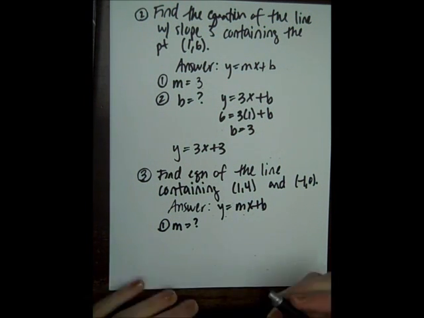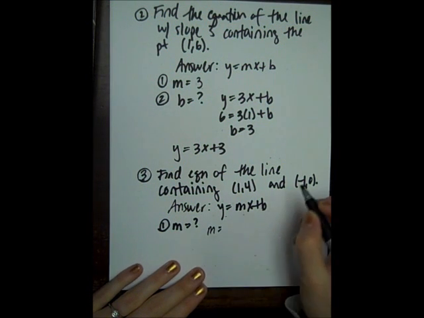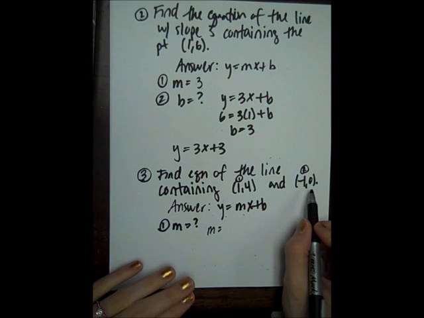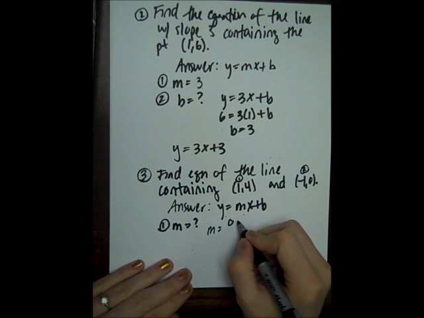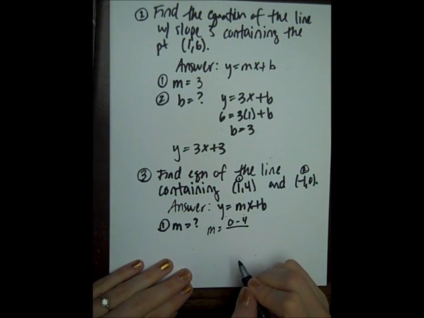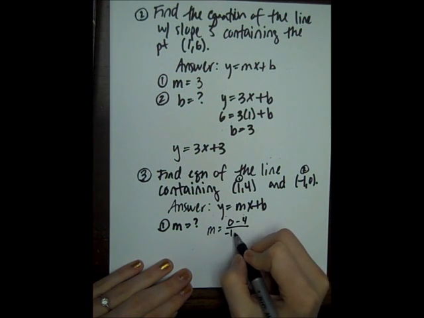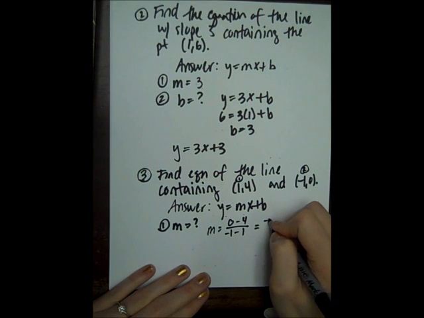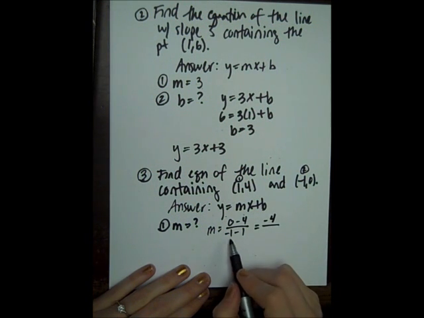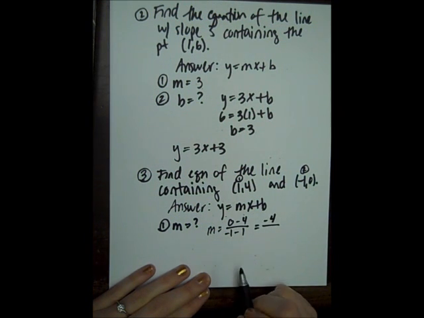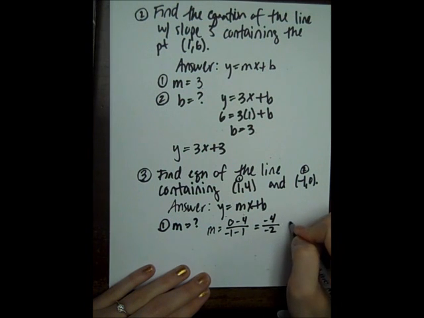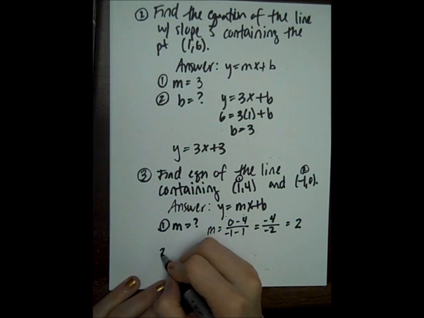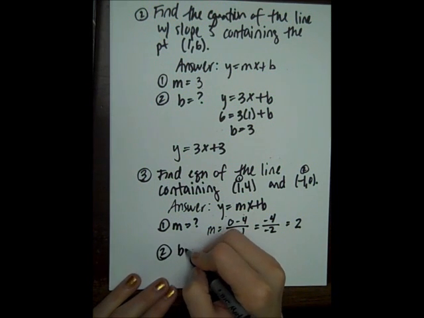We've done that before. That's the rise over run. I'll say this is my second point, this will be my first point. I'll do my y's first, so (0 - 4) over (x2 - x1), so (-1 - 1). That gives me -4 over -2, so I get a positive 2. So now I have my m. Next, I need to figure out what is my b.